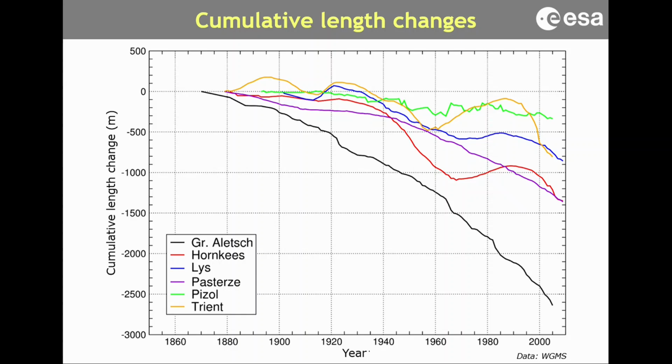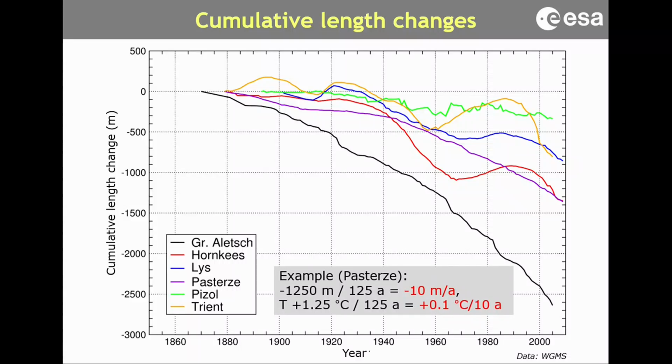So when you are asked why are glaciers these compelling natural climate indicators, the point is very simple to make. So when you look here at the purple curve for Pasterze, you see about a retreat of 1,250 meters in, let's say, 125 years, which gives you a retreat of 10 meters per year or 100 meters in a decade.